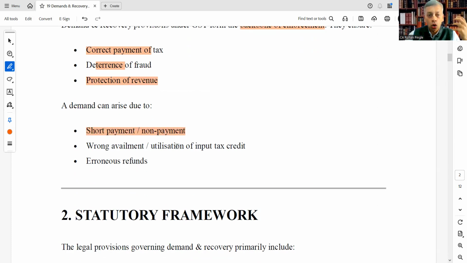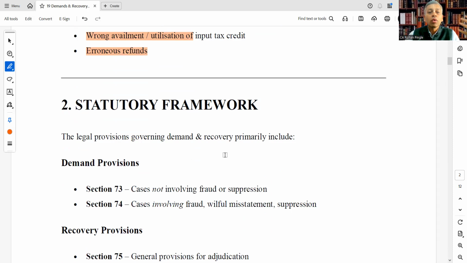Short payment or non-payment, wrong availment or utilization of input tax credit, and erroneous refunds. These are the three basic things due to which a demand can arise.